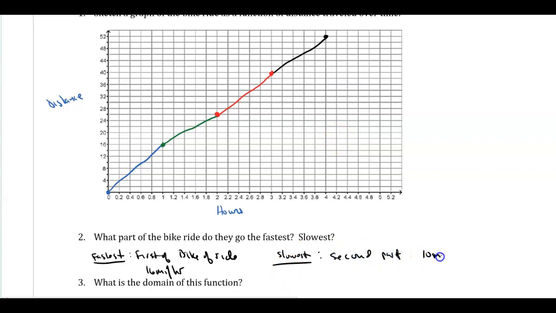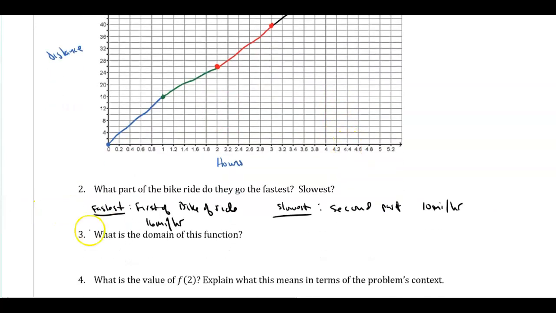And that's when they're going 10 miles per hour. What is the domain of the function? Well, the bike ride starts at 0 hours and goes all the way to 4 hours. So we would say the domain of this starts at 0 and goes to 4 hours.